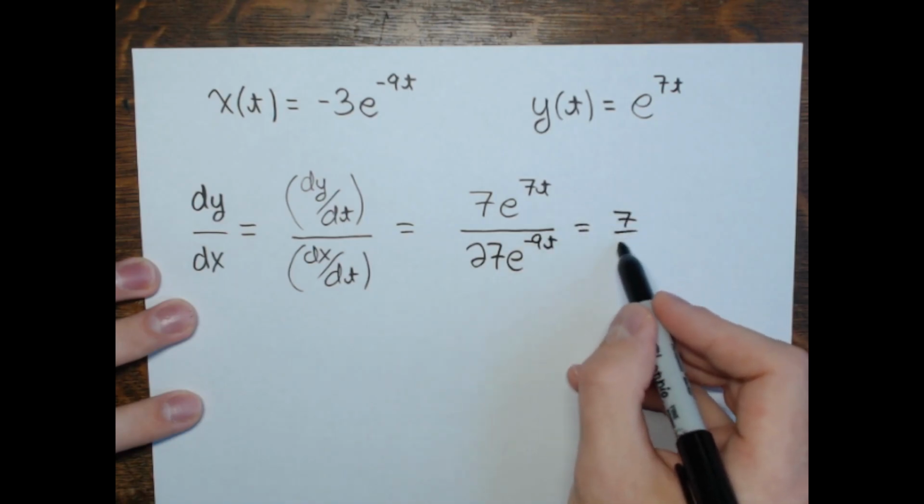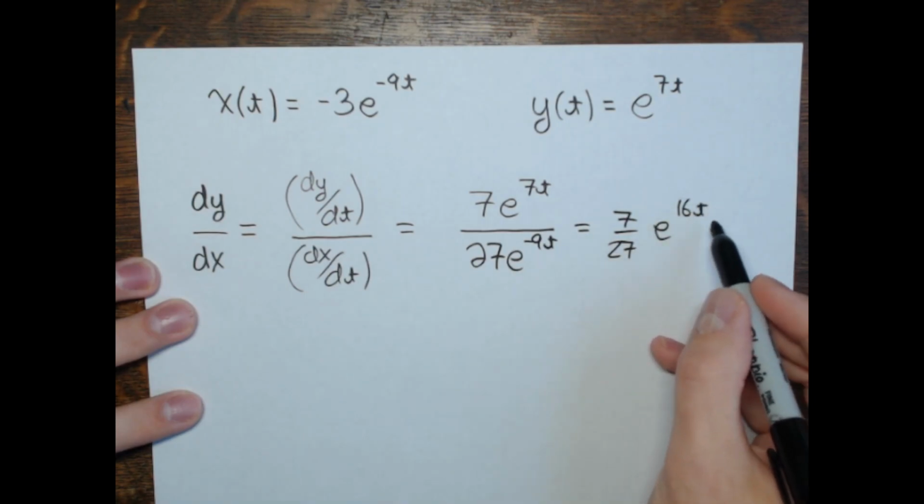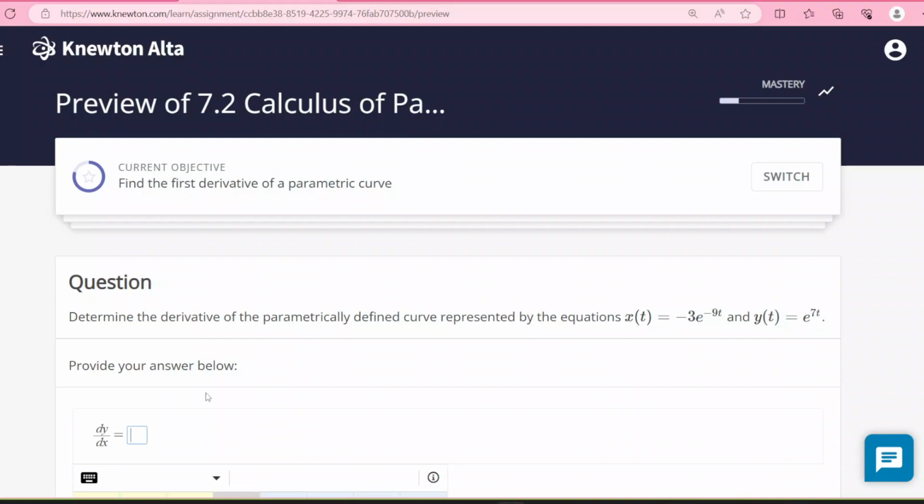And that would be 7/27 e to the 16t, if I simplify. There's your expression that would help us calculate the first derivative, the slope of the tangent line at any point on this curve, as long as I knew the value of t. So 7/27 times e to the 16t power.